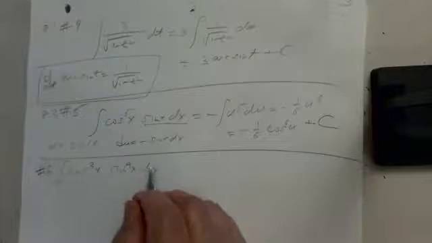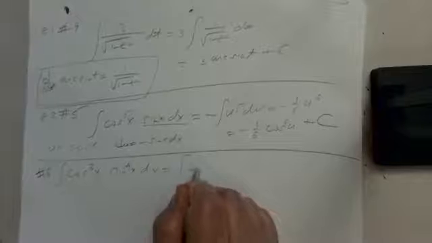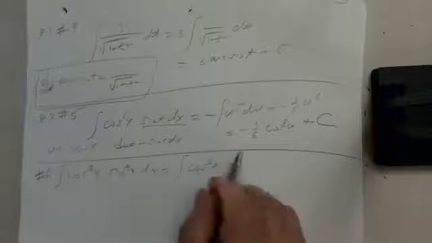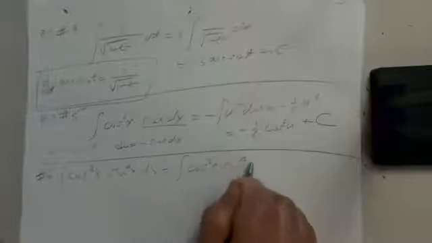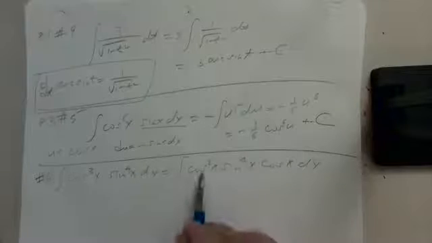So 3 is odd. So I can write this as cosine squared x sine to the fourth x cosine x dx, because cosine squared times cosine is cosine cubed. And then I use the identity that cosine squared is 1 minus sine squared.